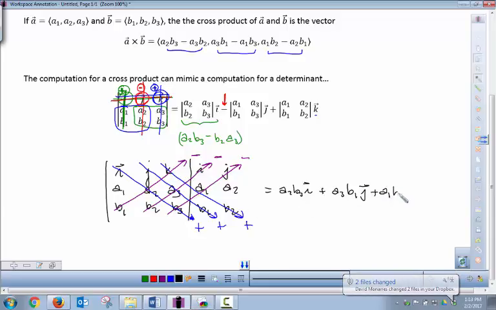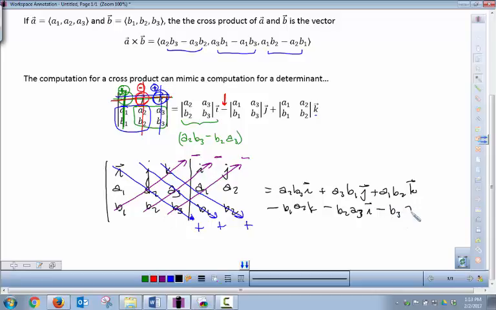plus A1, B2, K, and then there's B1, A2, K with a negative, and there's another negative B2, A3, I. And then another minus B3, A1, J. And if you check this, it should be the same.